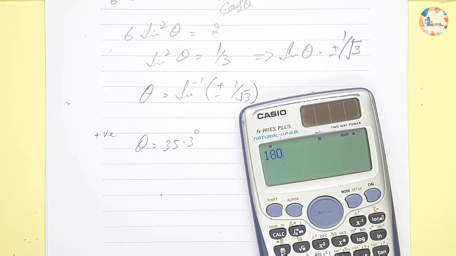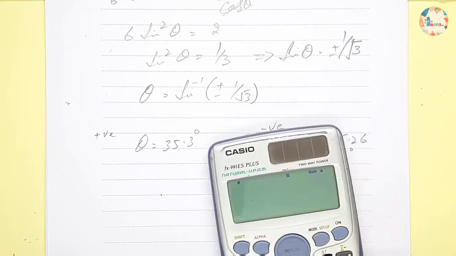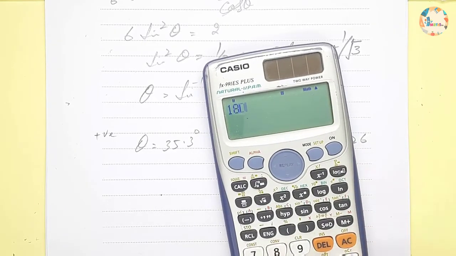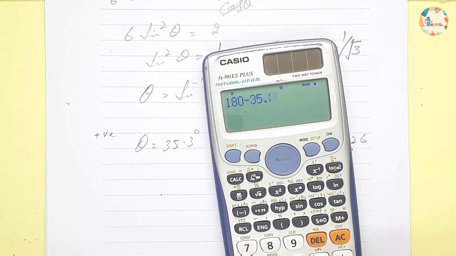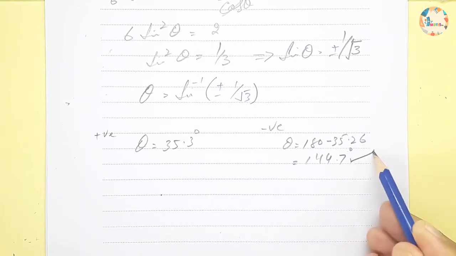So I will directly write 180 minus 35.3, and this will be equal to 144.7.